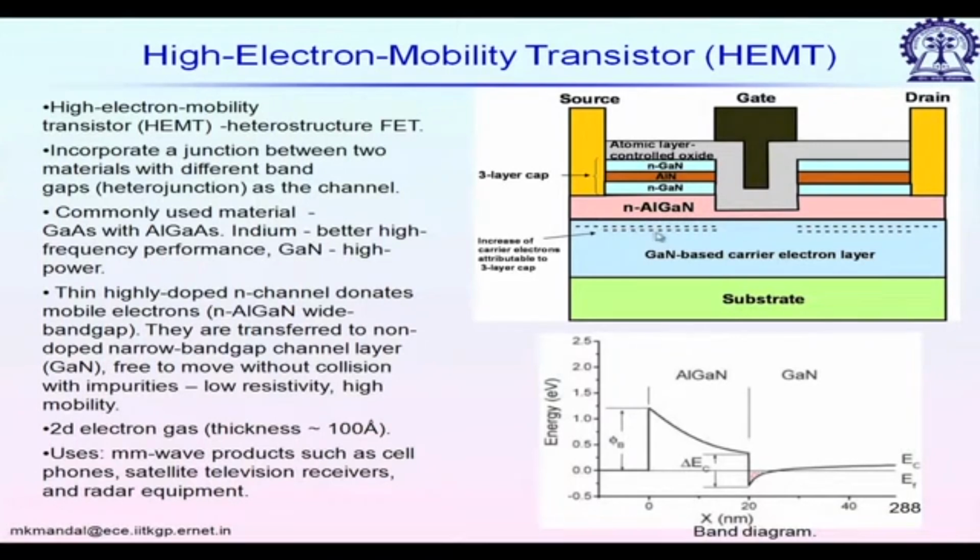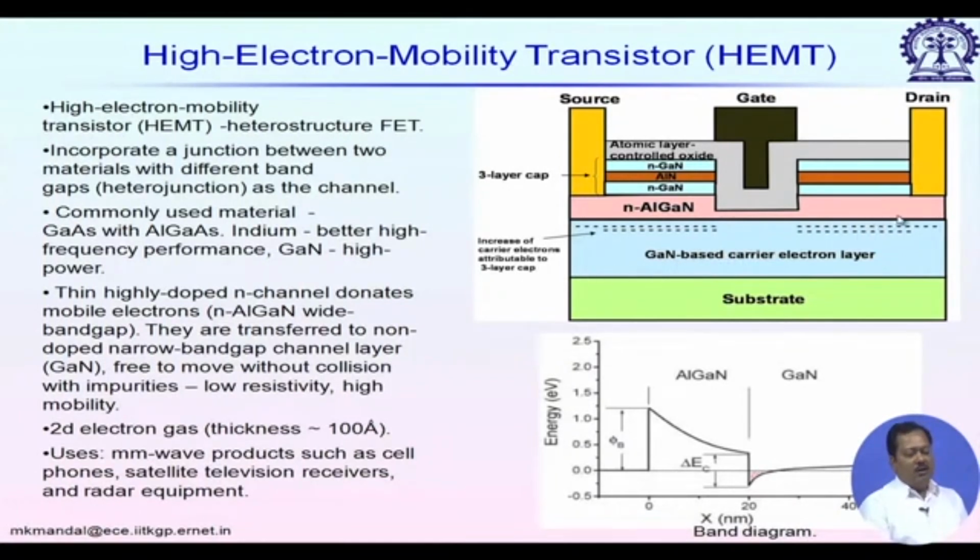That is how we can increase the velocity, because of the increased carrier mobility inside undoped gallium nitride, and that is why it is called high electron mobility transistor, or HEMT. It is widely used for different millimeter wave products, for satellite television receivers, radar equipment, etc.